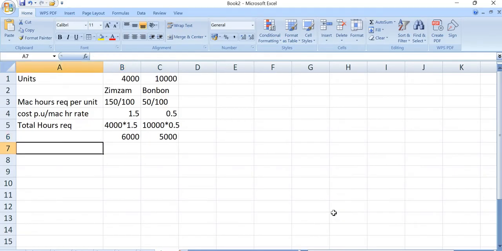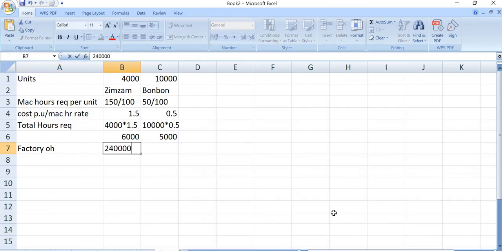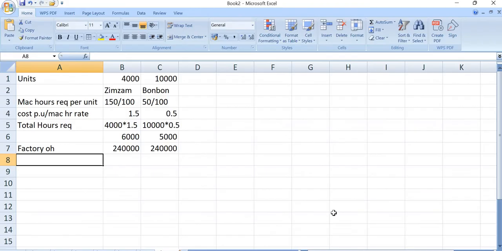So my factory overheads, they have given 2,40,000. Remember, this is in total. So if I am producing Bonbon, I won't produce Zimzam, right? So in that case also, I will be incurring the same 2,40,000. So what will be the hourly rate? This is fixed factory overheads.